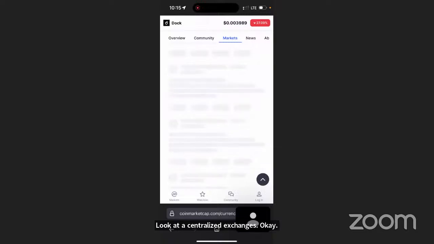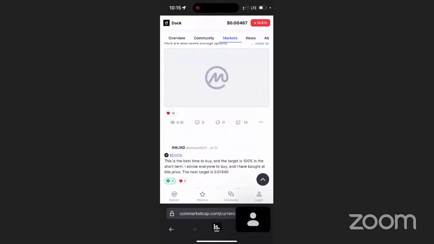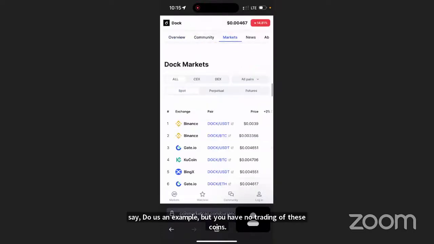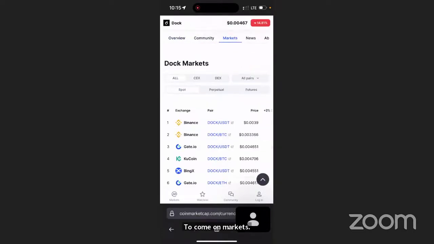Someone is saying, do us an example, but I'm not trading one of these coins. So come here on markets. Also here, we have Dock. Dock is at a very good price on Gate.io. I would recommend Gate.io because it has an easy interface.